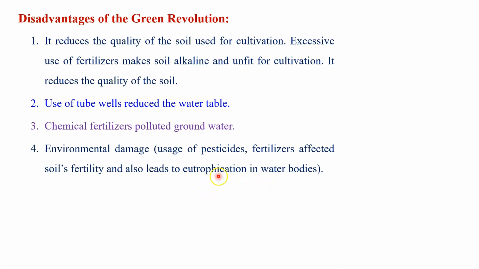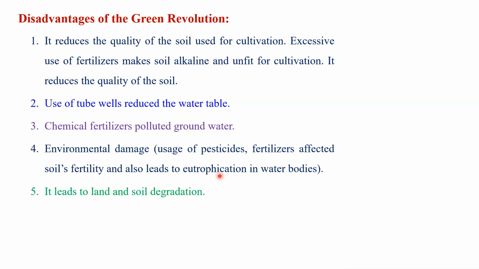You know that this eutrophication process is very harmful for the ecosystem inside the water body, and that happened only due to the overuse of pesticide and fertilizer in agriculture, because some part of that pesticide and fertilizer was mixed into the water body, and that led to the eutrophication process in that particular water body, and that badly affected the ecosystem available inside that water body. So therefore this is a really very important environmental damage we have seen during the implementation of the Green Revolution program in India.